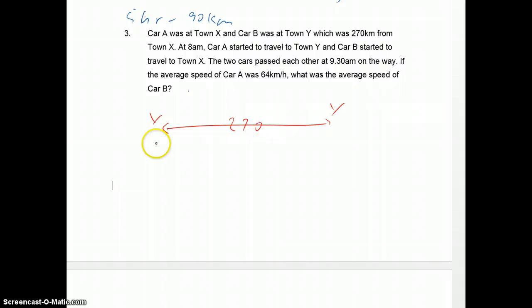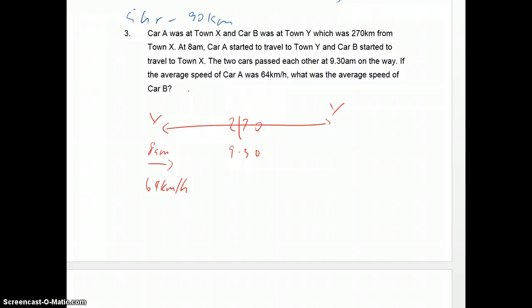At 8 a.m., car A started to travel to town Y, and B started to travel to town X. The two cars pass each other at 9:30. If the average speed of A was 64 kilometers per hour, what was the average speed of B?